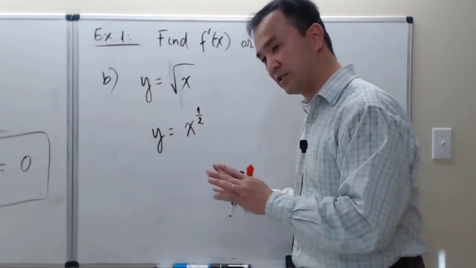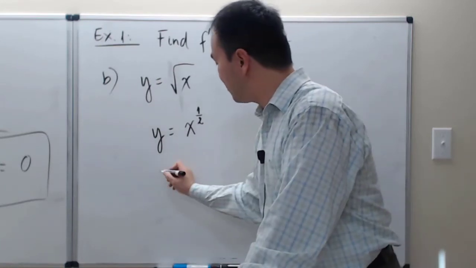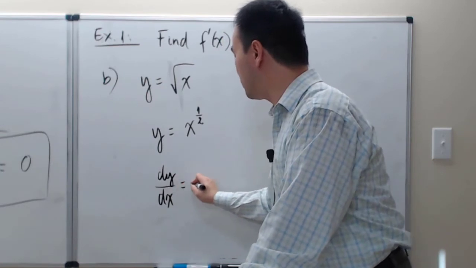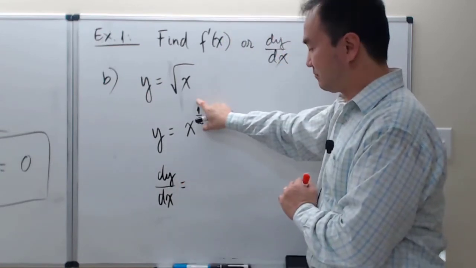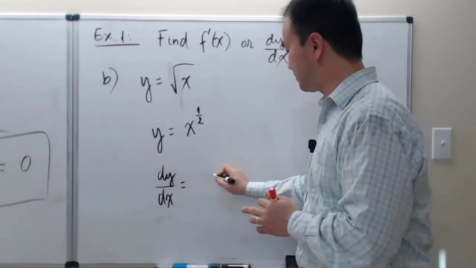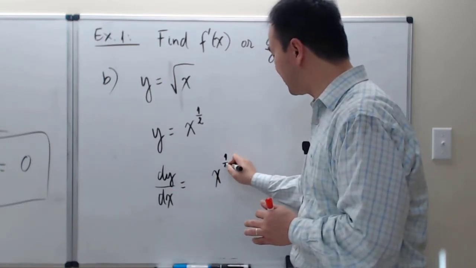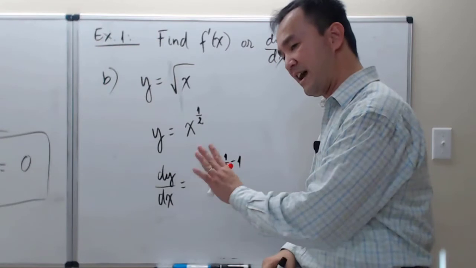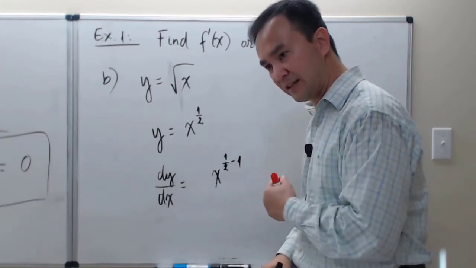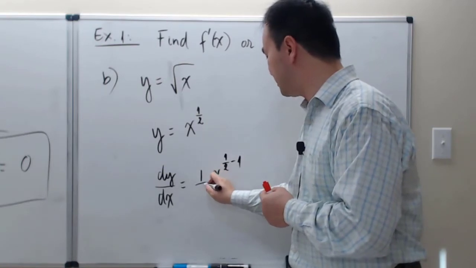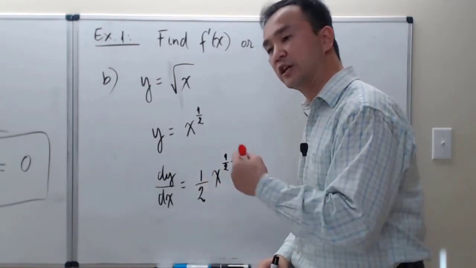Now the power rule is ready for action. I'm going to say dy dx equals the power subtract 1. It never hurts to write it down for the first few times that you are learning this. So 1/2 minus 1, and we're going to do the math later. The original power 1/2 is also multiplied in front as a coefficient.